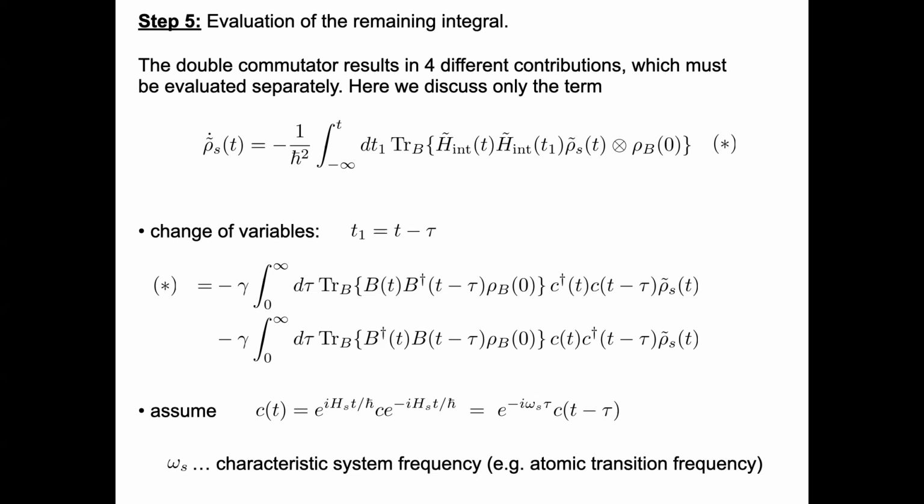So what I now do is this. It depends a bit on the system, but for our basic assumptions we have a sigma minus operator, or an annihilation operator if we talk about a harmonic mode, and the evolution has this form: the operator at time t is the operator at t minus tau times this oscillating phase factor.